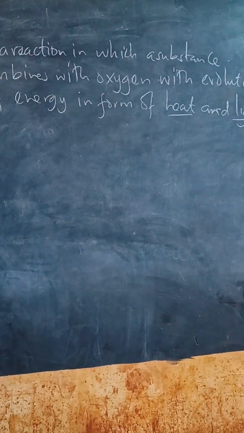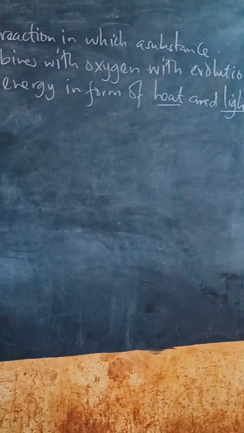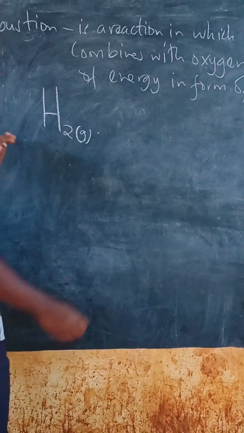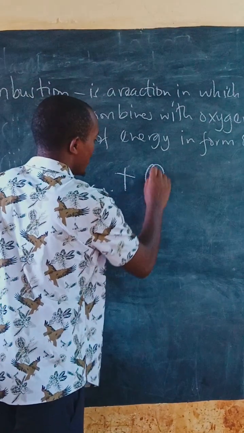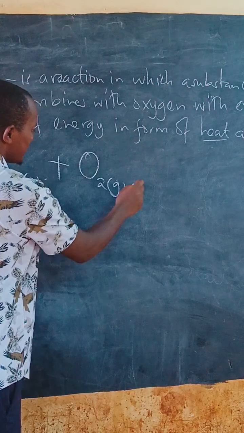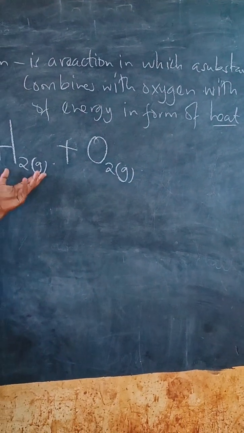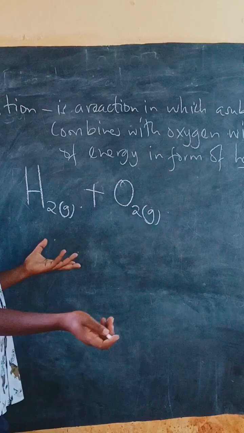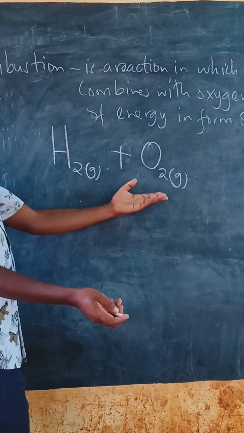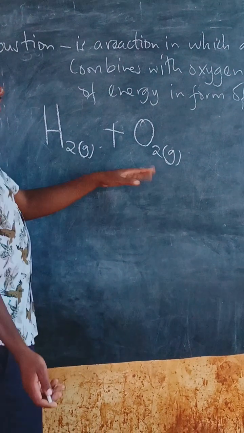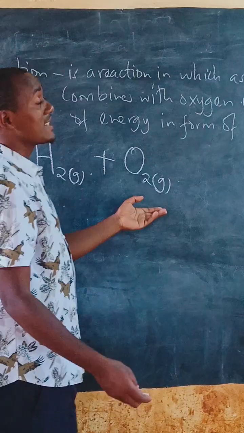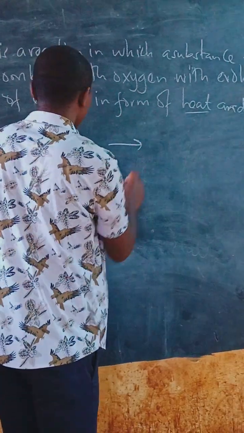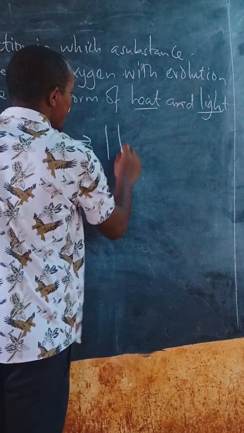So, for example, hydrogen is a gas. It burns with a blue flame. When you react oxygen with hydrogen, you are burning hydrogen. This is burning of hydrogen in air or in oxygen. It gives us hydrogen oxide, which is water. So hydrogen plus oxygen is hydrogen oxide.